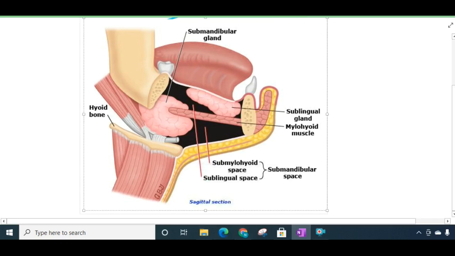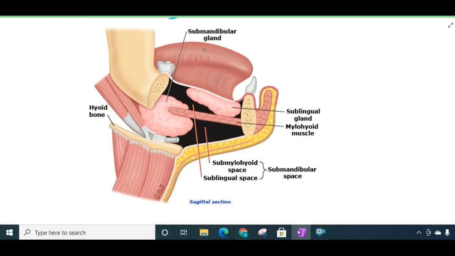The submandibular space is the area which is present between the mucous membrane of the floor of the mouth. See, this is the tongue. So this is the mucous membrane of the floor of the mouth, and the space is lying between the mucous membrane of the floor of the mouth and the superficial layer of deep cervical fascia, which is extending between the hyoid bone and the mandible.